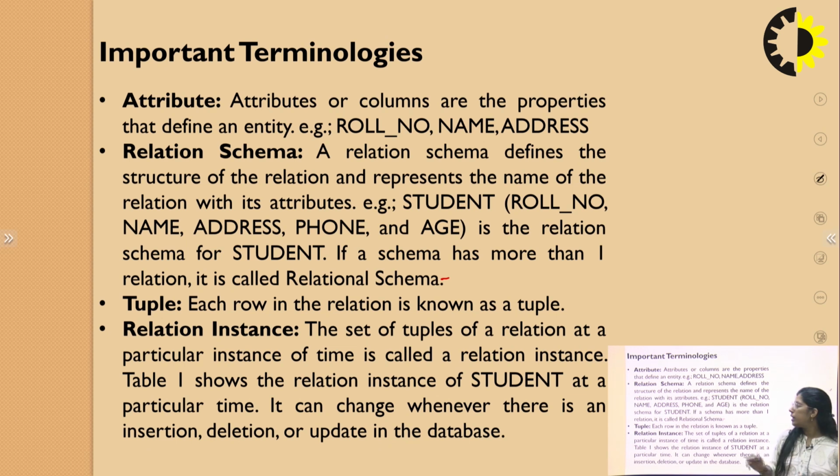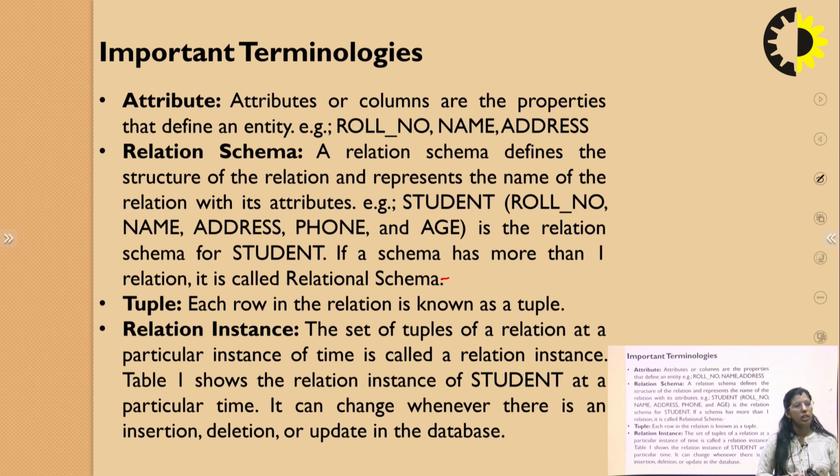So this is all about relation schema. Next, if a schema has more than one relation, it is called relational schema. Next term is tuple. We use tuple for rows. So each row in the relation is known as a tuple.